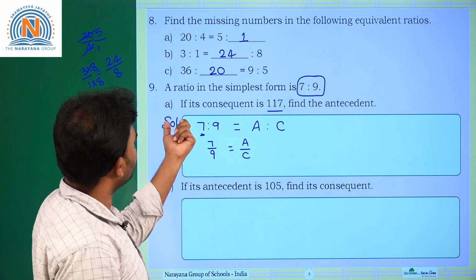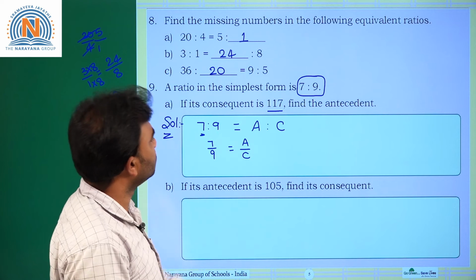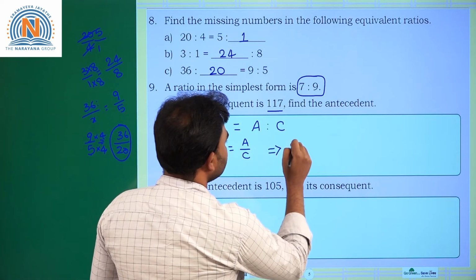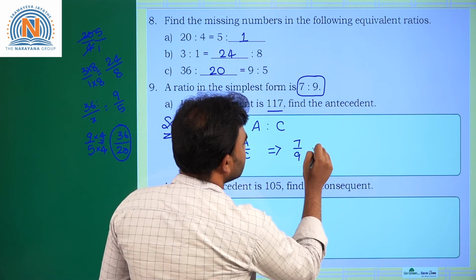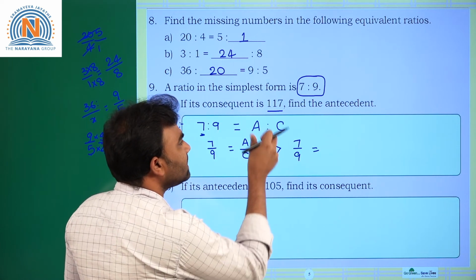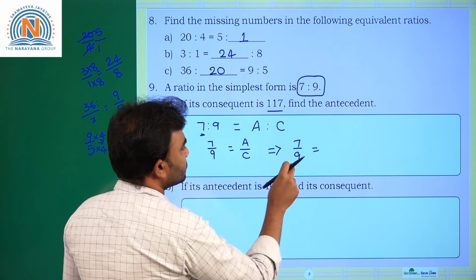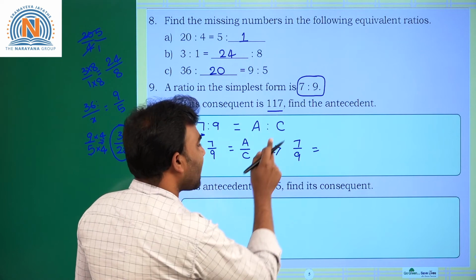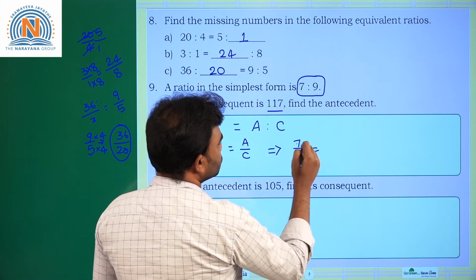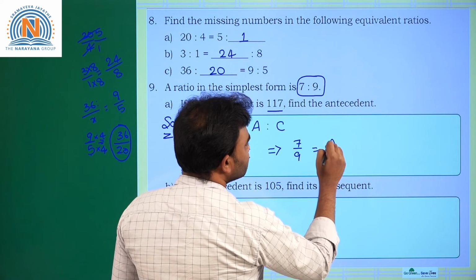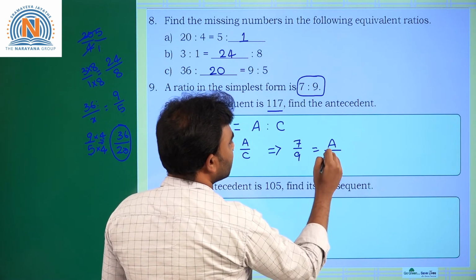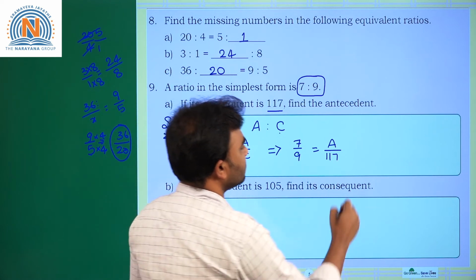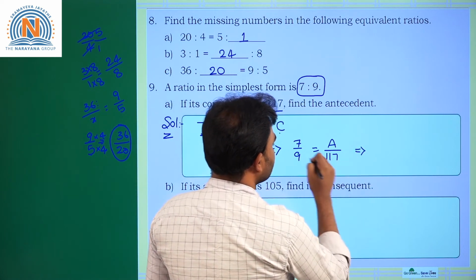Here the given problem is, if its consequent is 117, so 7 by 9 is equal to an equivalent fraction of 7 by 9. The consequent is given but the antecedent is not given, so take antecedent by 117, the consequent is 117, that implies 7.